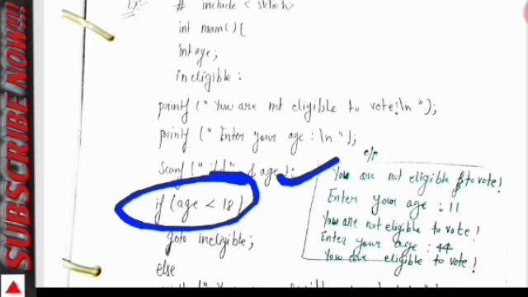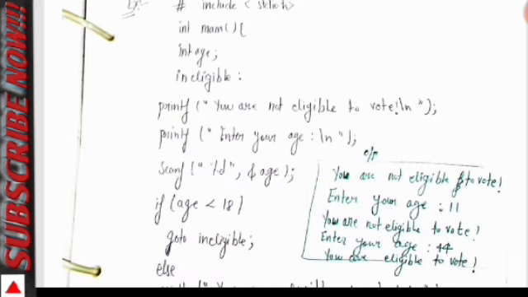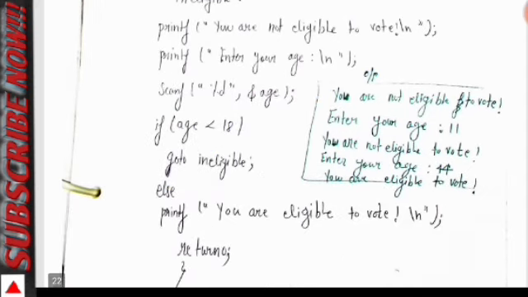So using the goto statement, we decide all this criteria. Here when we give 11 as the input, we get the output: you are not eligible to vote. After we enter an age like 44, it says you are eligible to vote.